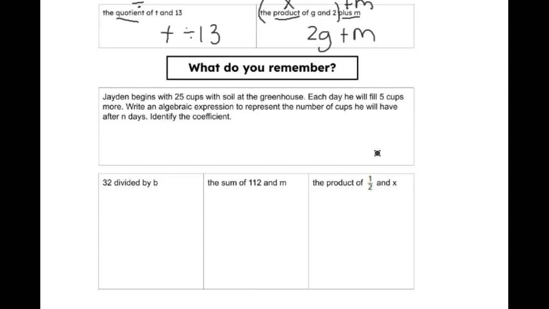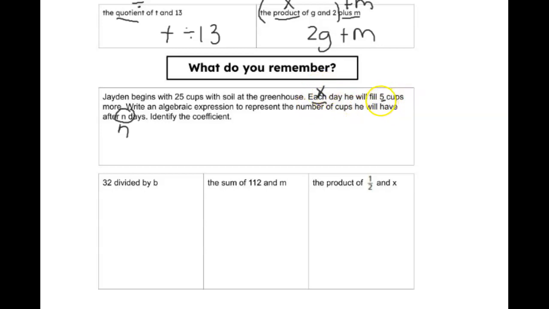Jaden begins with 25 cups of soil at the greenhouse. Each day he fills 5 cups more. Write an algebraic expression to represent the number of cups you will have after n days. So here's our letter. We have n. So he fills up each day, or each means multiplication.